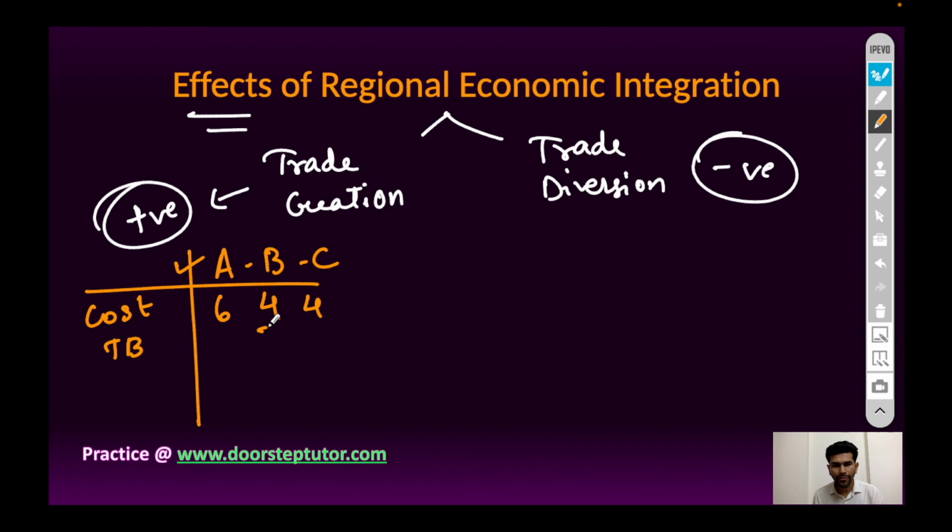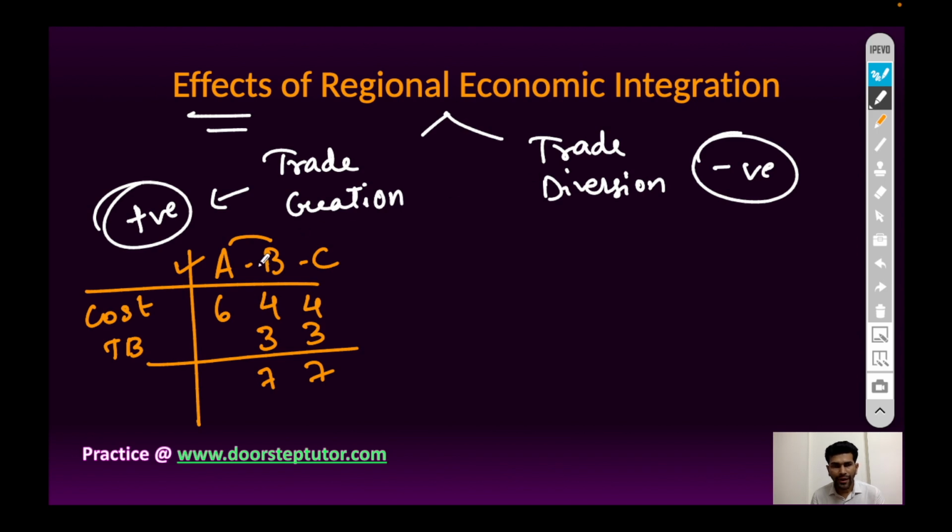For example, $3 is import duty. So the cost of product X for country A will be $7 if A imports goods from country B and C.